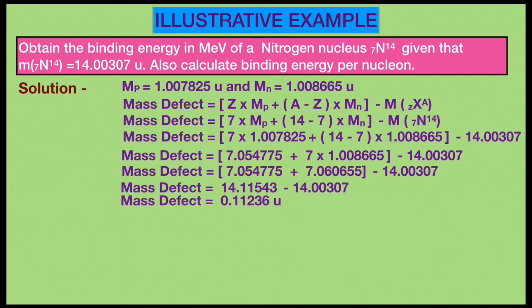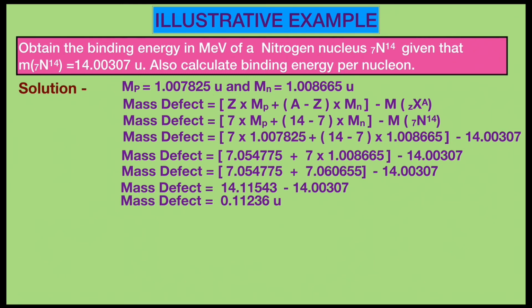The difference of these two is mass defect is equal to 0.11236 atomic mass unit. So this result verifies the concept that total mass of nucleons is more than the actual mass of nucleus. That's why this difference is positive. Otherwise, it would have been negative if the total mass of nucleons is less than the actual mass of nucleus.